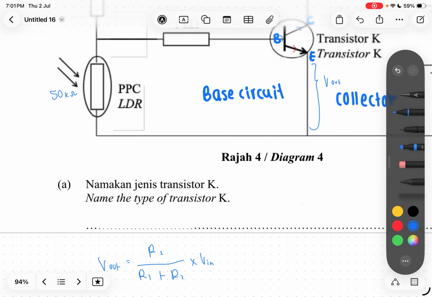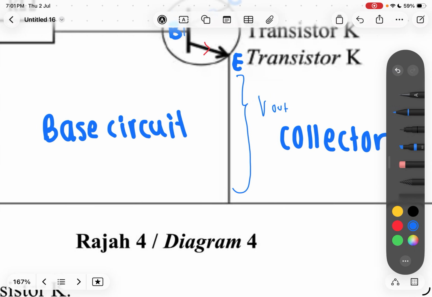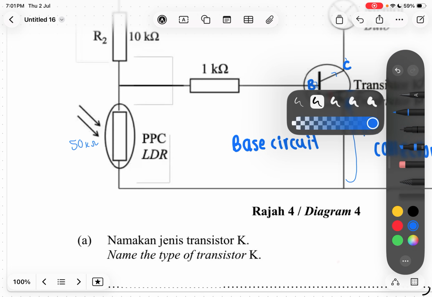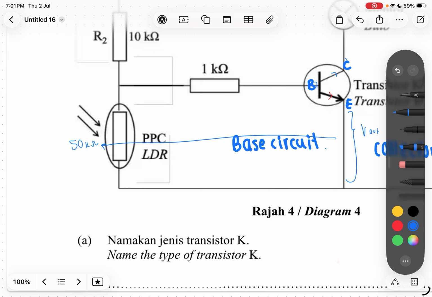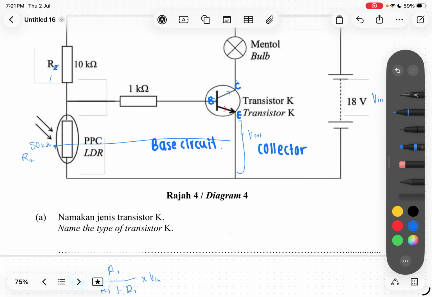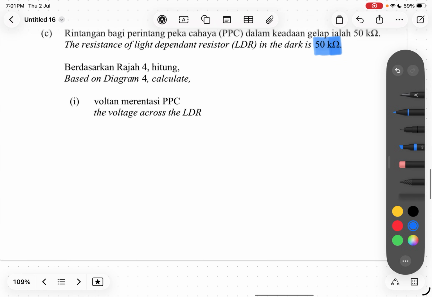If you don't really understand, you won't know where to insert the formula. So I remember an easy way: what I want to calculate will be this, my V out. So I'll use that information, and the resistance opposite from it, which is my 50 kΩ, will be my R2, and the other one will be my R1. So just use the one piece of information that you want to find, and the resistance for that will become your numerator. Hopefully that explains why I'm calculating it like this.